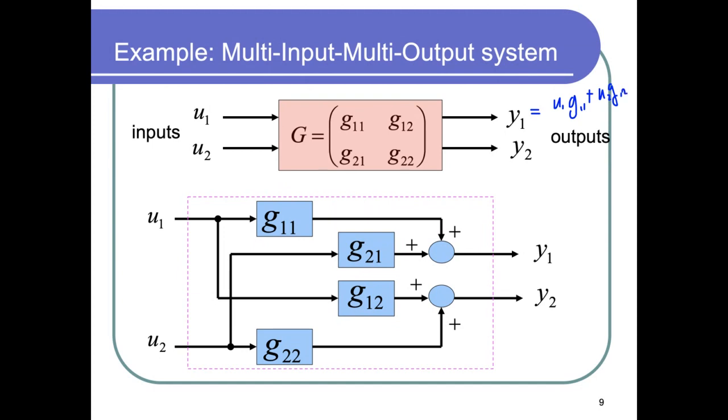So if I have a vector U multiplied by certain G, then this gives me Y. Correct? Actually, this is GU because of the dimensions. Y is equal to GU. So assuming that G is a matrix, this is GU.